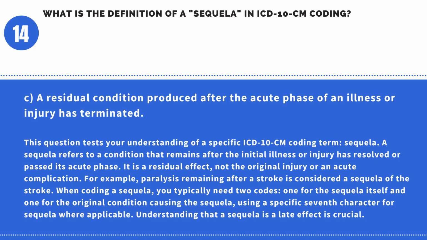For example, paralysis remaining after a stroke is considered a sequela of the stroke. When coding a sequela, you typically need two codes, one for the sequela itself and one for the original condition causing the sequela, using a specific seventh character for sequela where applicable. Understanding that a sequela is a late effect is crucial.